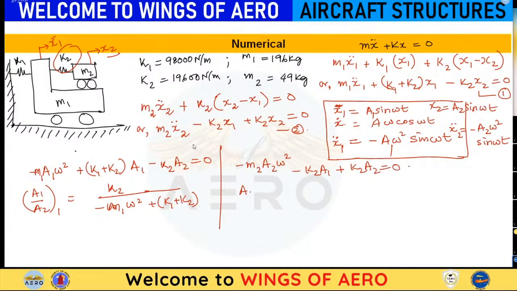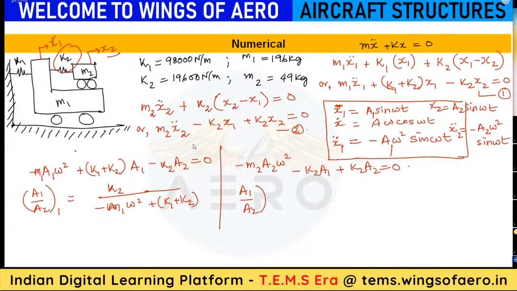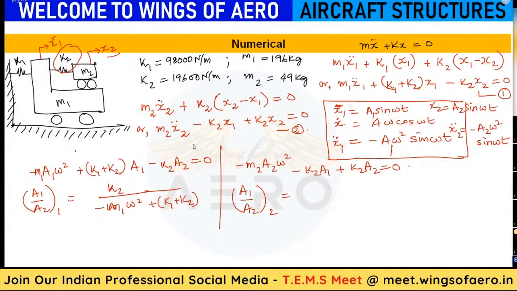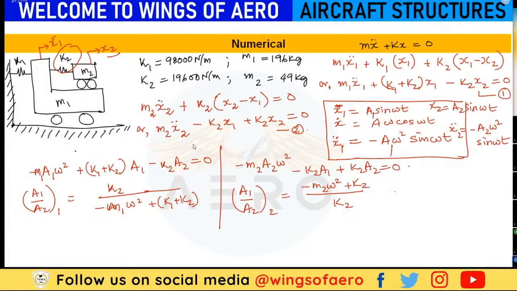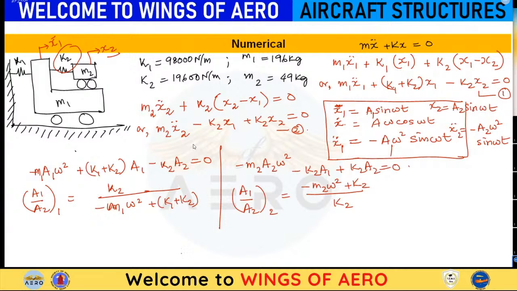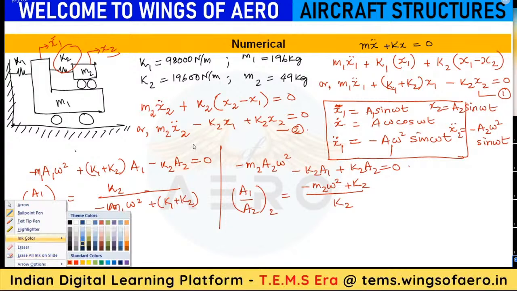If you want to make the ratio between a1 by a2 for body 2, you will get minus m2 omega square plus k2 by k2. Please confirm whether you're getting this or not. Are you getting this or not?